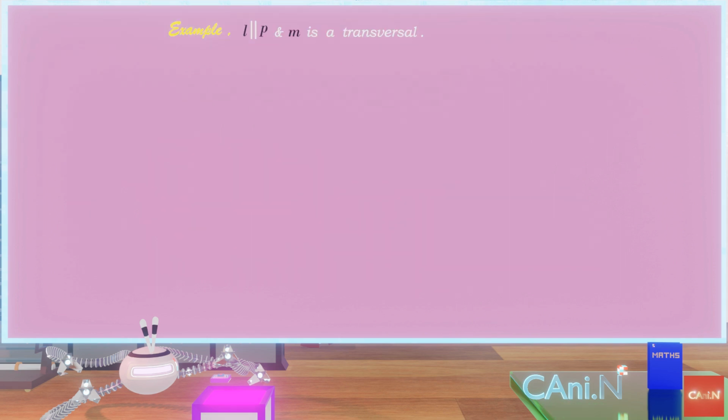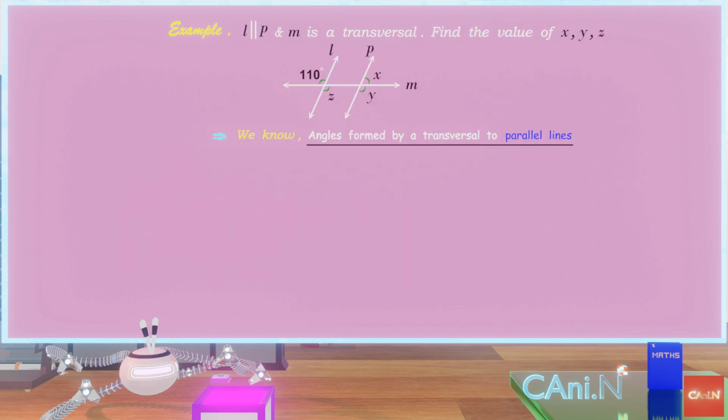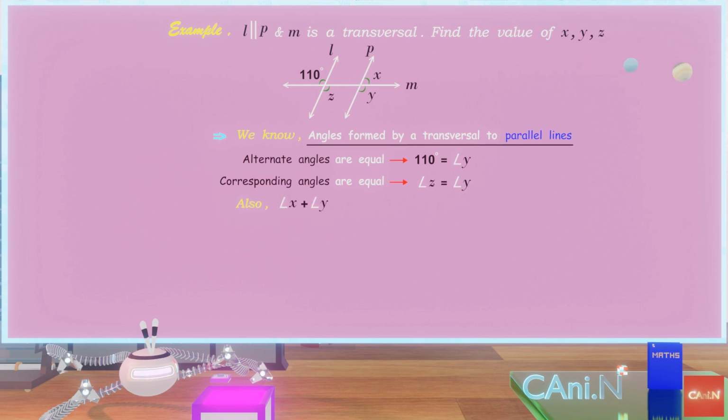Example: L is parallel to P, and M is a transversal. Find the value of x, y, and z. We know, for angles formed by a transversal to parallel lines, alternate angles are equal, that is, 110 degrees equals angle Y. Also, corresponding angles are equal, that is, angle Z equals angle Y. Also, angle X plus angle Y equals 180 degrees since they form a linear pair.